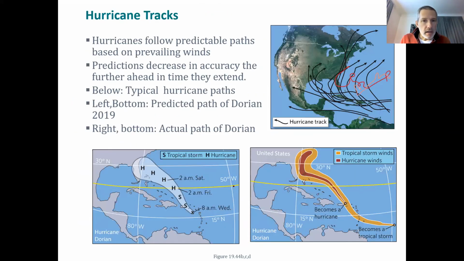And so if I were looking at this hurricane and tracking this hurricane, we start off with a tropical storm and then it builds to a hurricane. And this is where it was at different points. That's where those H's are. The storm surge would be right along that leading edge.